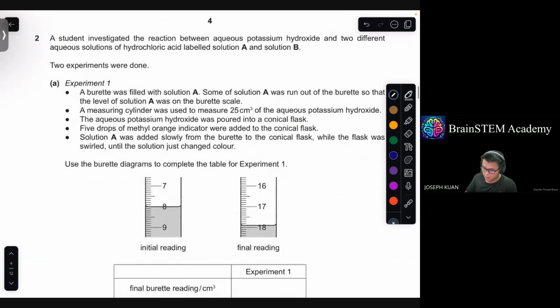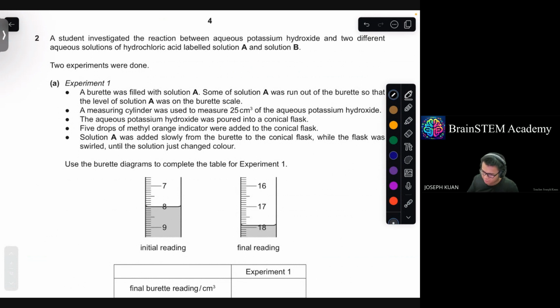2. A student investigated the reaction between aqueous potassium hydroxide and 2 different aqueous solutions of hydrochloric acid labeled solution A and solution B. 2 experiments were done. Experiment 1.